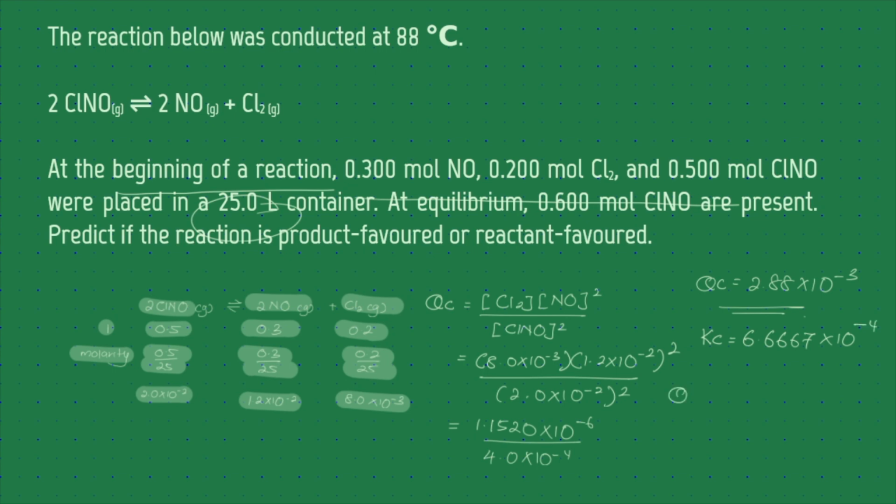Therefore, from here, we can say that your QC is bigger than your Kc. When your QC is bigger than your Kc, it is a reactant-favored reaction. In other words, the reaction shall proceed in the direction of the reactant. It will proceed to the left. So this is the final answer for the final question.